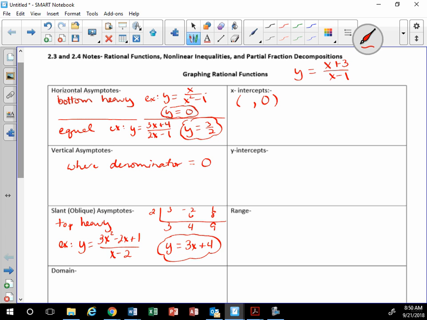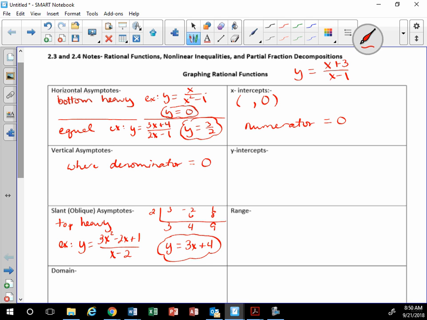Yeah, the numerator. So really, when you're finding an x-intercept, all you're doing is setting the numerator equal to 0. And you'll have graphs that don't have an x-intercept. That's okay. You'll have others that have more than one.